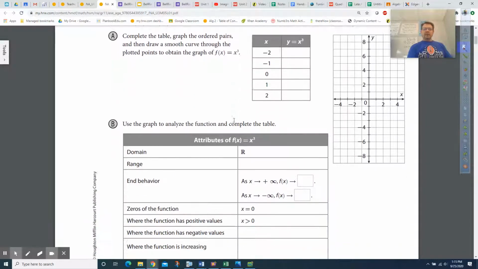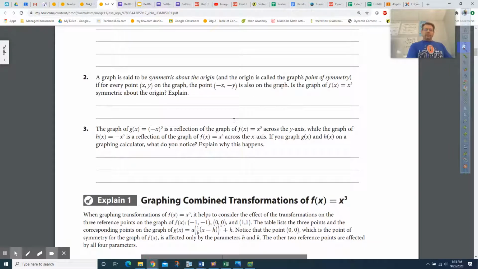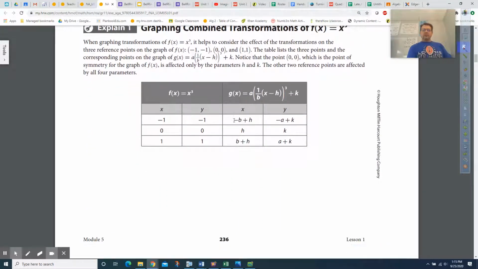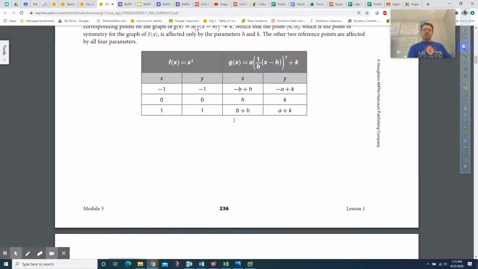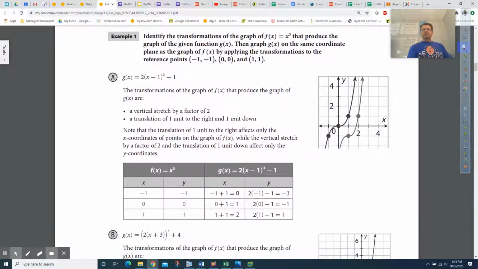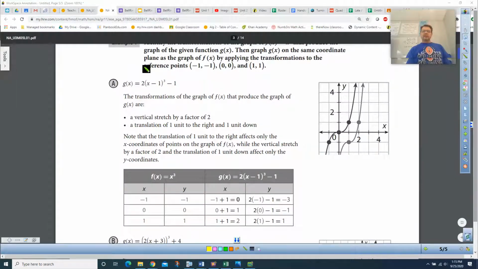So we've already talked about those things right there. That's its attributes. So what the book likes to do is it likes to take a look at this stuff and look at some reference points. See where it says here, the reference points. These guys right here, reference points.